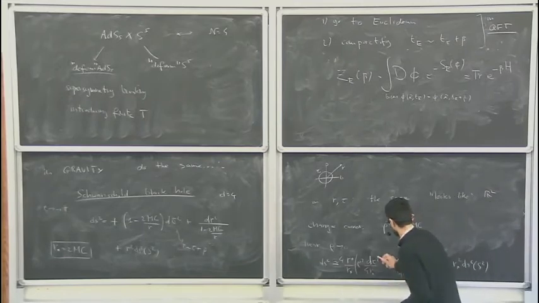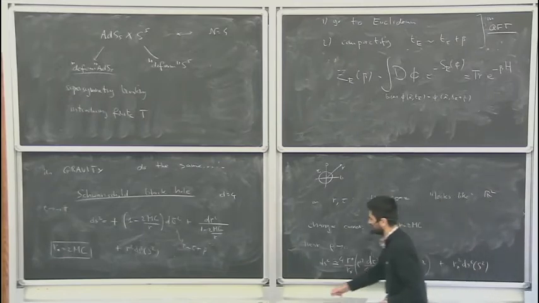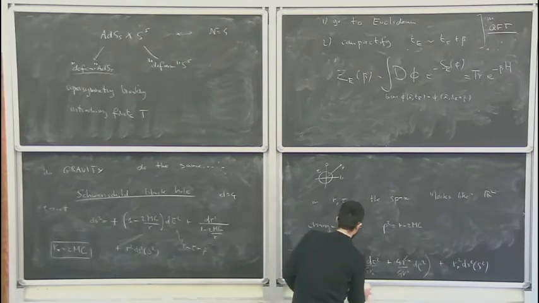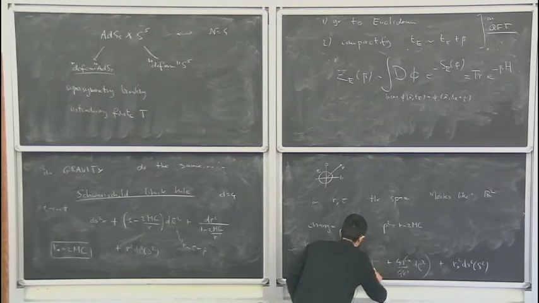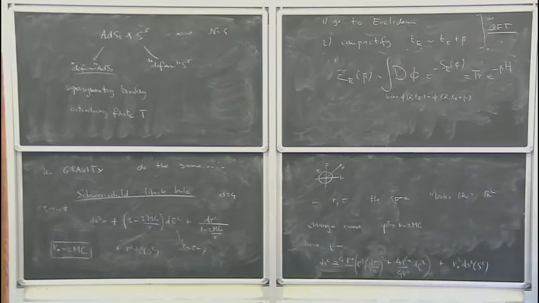So let me do this again in front of you. I rewrite this simple term by putting everything inside the square. So I write this like d tau over 2 r star.